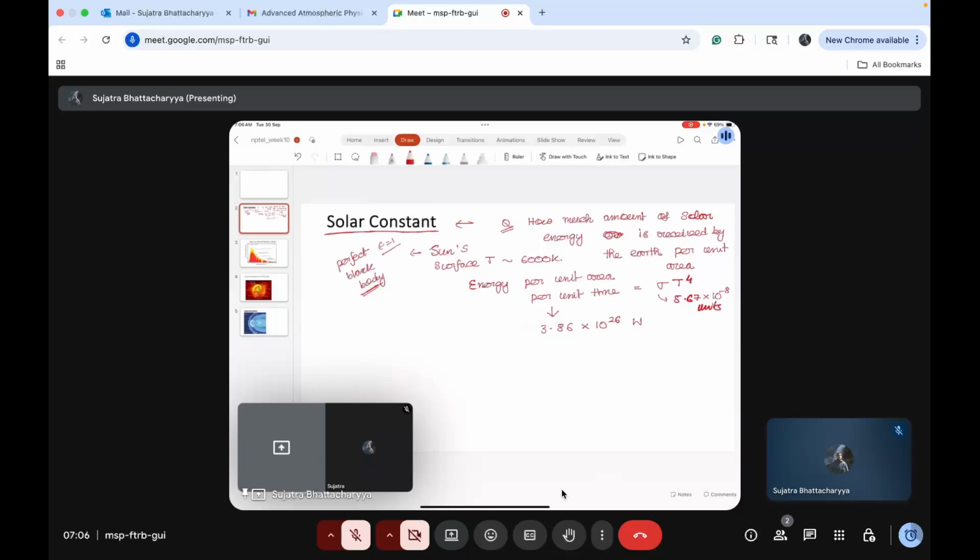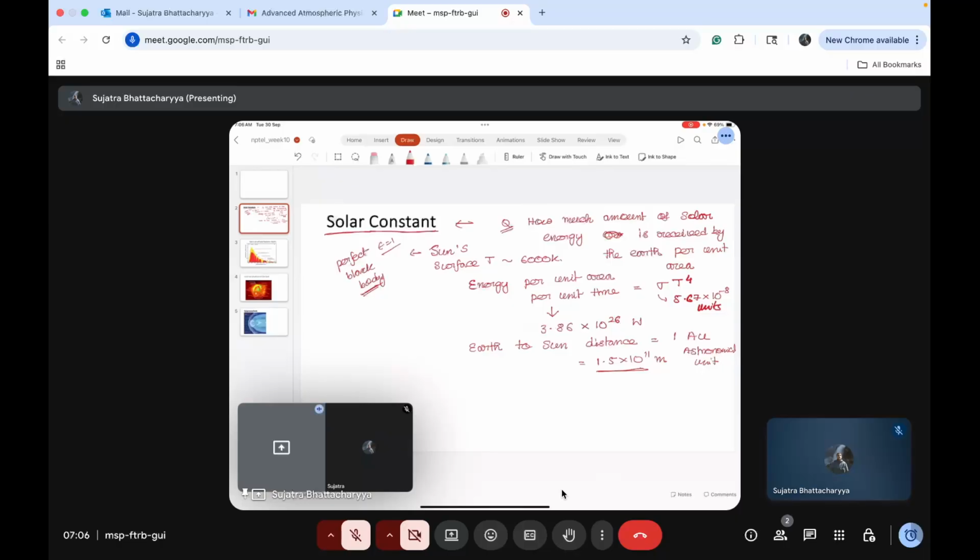Now, the Earth to Sun distance is called one astronomical unit. One astronomical unit is about 1.5 into 10 to the power 11 meters. Remember, 1.5 into 10 to the power 11 meters.